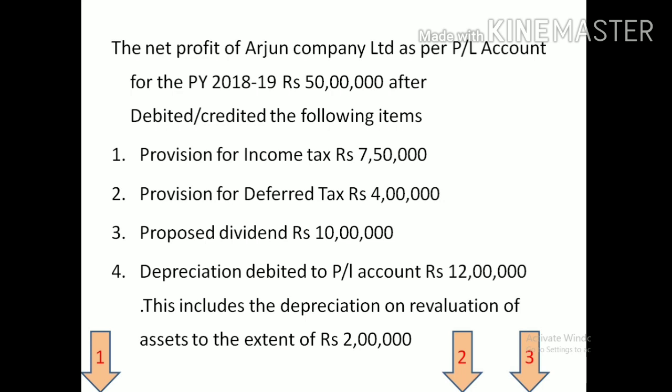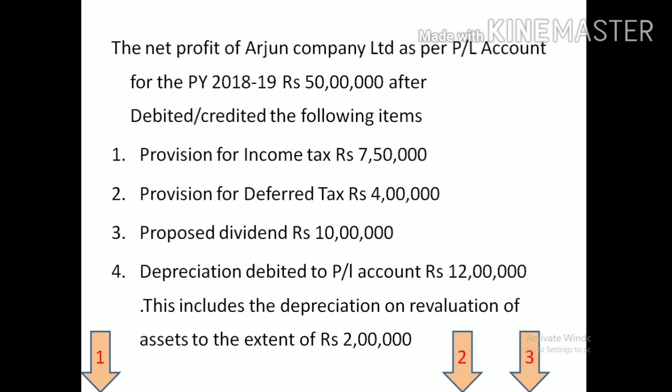Apart from that, don't consider anything except two things, that is unabsorbed business loss and unabsorbed depreciation as per books, and then depreciation and revaluation. Apart from this, whichever items you are adding and deducting should already be recorded, either on the debit side or credit side in the profit and loss account. Otherwise, don't take them into account. Then we'll move on one by one.